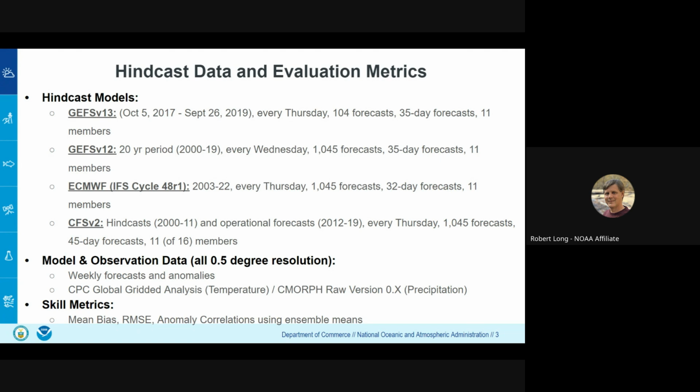This approach gives us the most accurate capture of the hindcast skill in the reference models, and by doing this, we can see how GEFS13 stacks up to that degree of skill. All of the data used in this study are at half-degree resolution, we used ensemble means, and we prepared weekly forecasts to calculate the skill metrics.